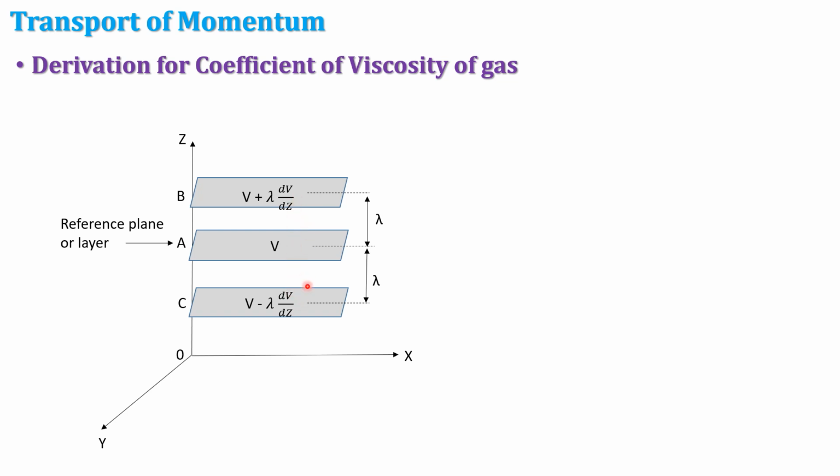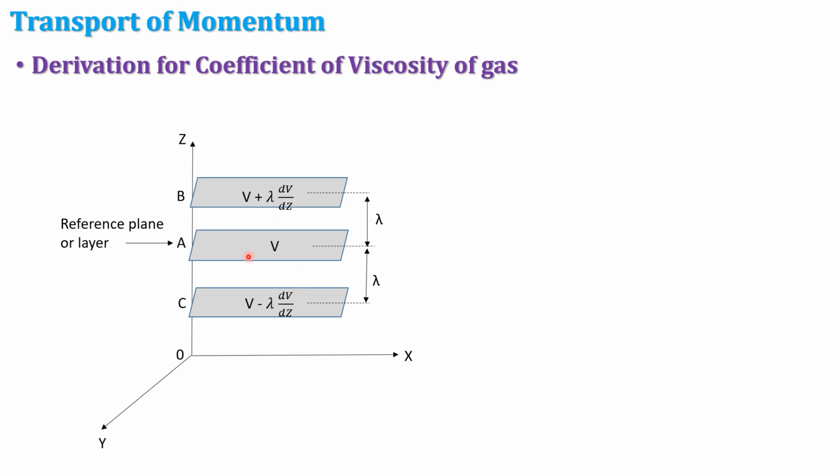Here we assume that for all gas layers which are at a distance equal to lambda, only that gas molecule in this layer can cross the unit area of the layer A in both directions, vertically upward as well as downward.